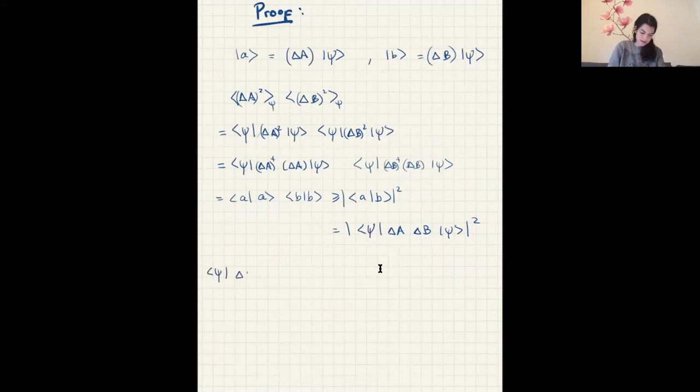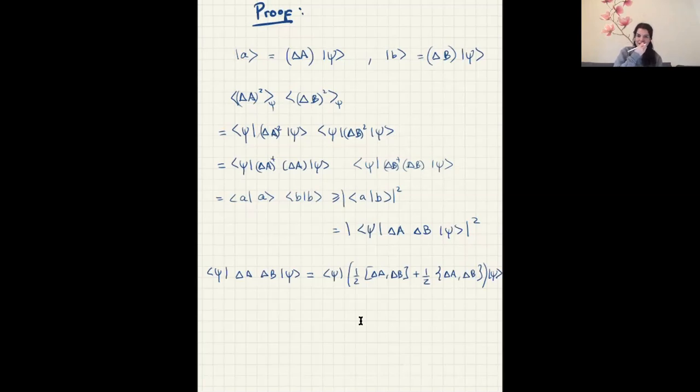Psi delta A delta B psi. Well, this is the same as psi, 1/2 of the commutator between delta A and delta B plus 1/2 of the anti-commutator between delta A and delta B. Okay. Good.